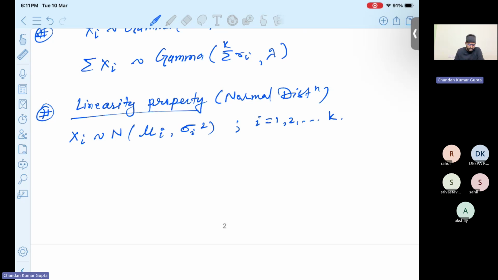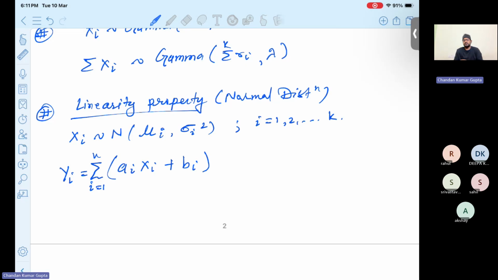Okay, now suppose we define a linear combination, that is ai Xi plus bi, and we take the summation from i equal to 1 to n.